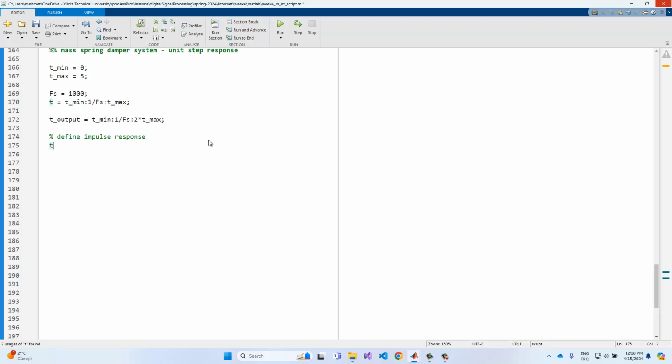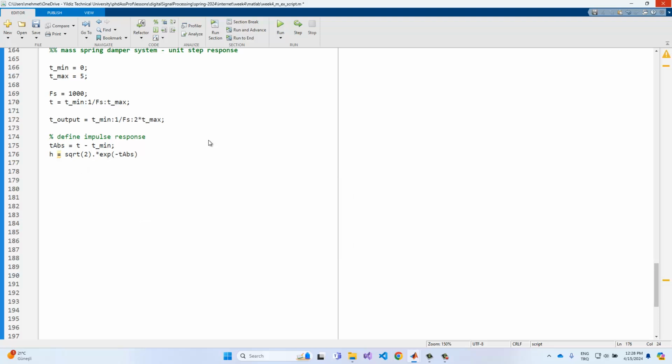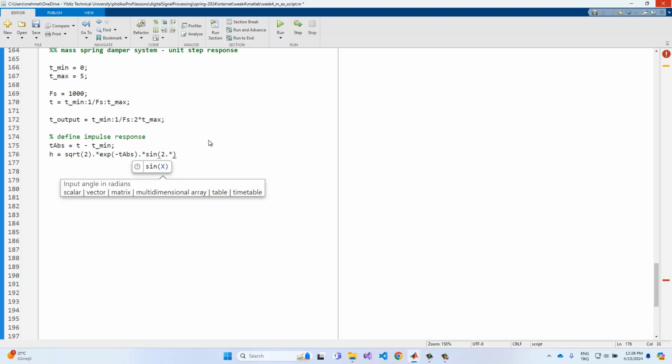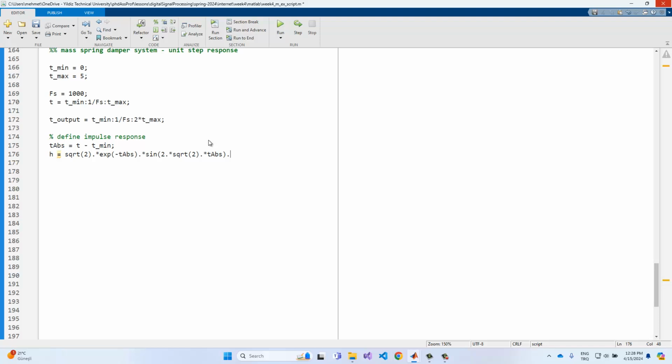Firstly, we need to give the T absolute value in here, T minus T min, and h can be defined with sqrt(q) dot times exponential of T abs dot times sin(sqrt(q) dot times T absolute value) dot times 9 divided by 4.